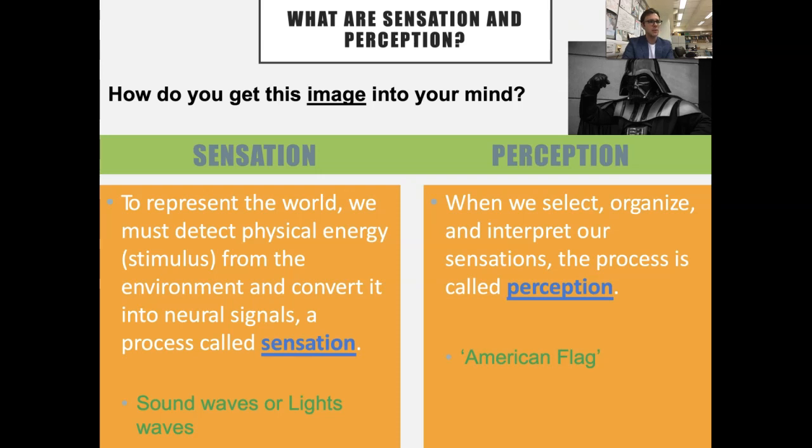Perception is the process by which we organize that stimuli and interpret those sensations to further understand the environment or the image or the sound that we are hearing. So an example of this could be an American flag. If we just look at the American flag, it's generally a bunch of colors and shapes and lines. But when we see that, it actually has a sense of meaning.